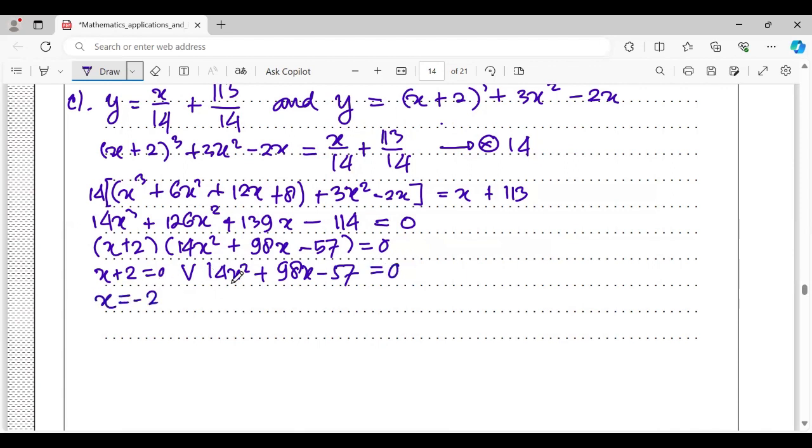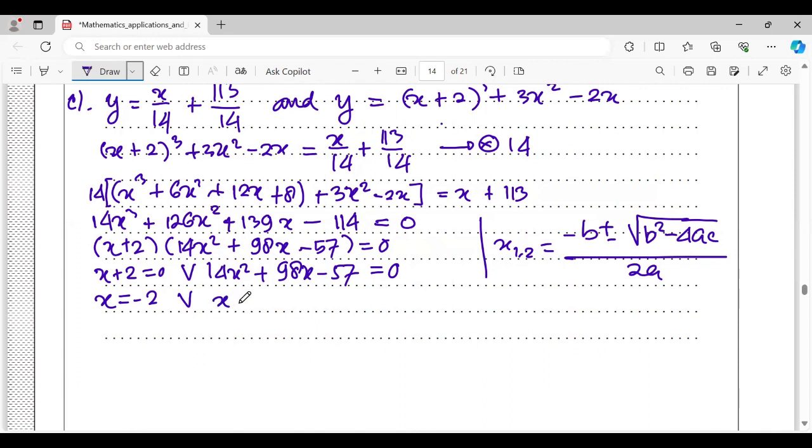So x equals minus 2, and for this expression equals 0, you can find the roots through this formula: minus b plus or minus the square root of b squared minus 4ac, over 2a.